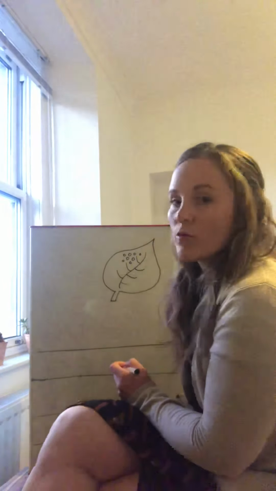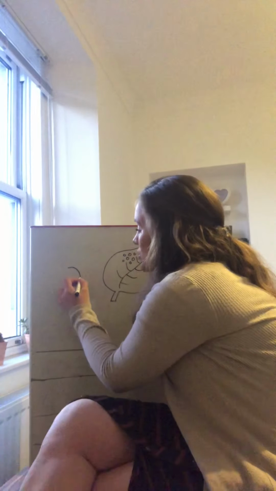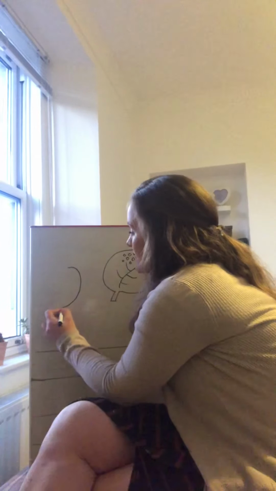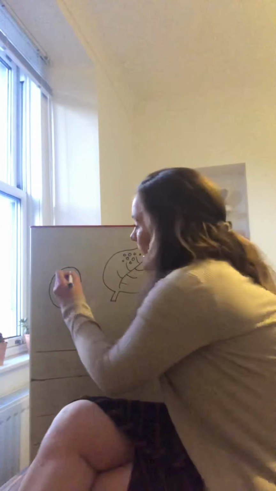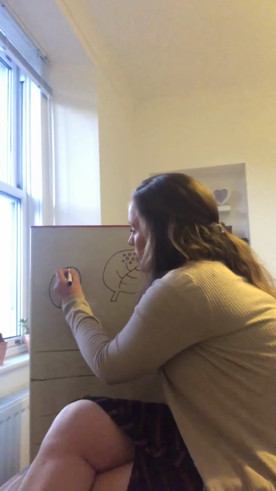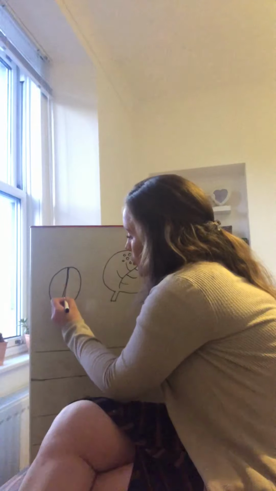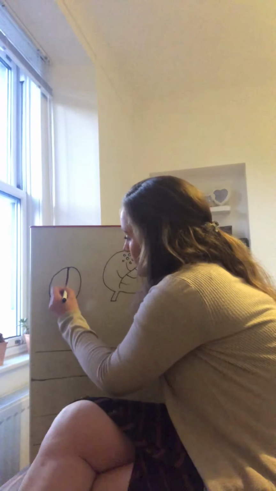Now I know that ladybirds have got wings on their back. So I know that the shape of a ladybird is a circle, a little bit like this, and then down the middle where their wings split off, they've got two little lines going all the way down here, and that bit there is black.